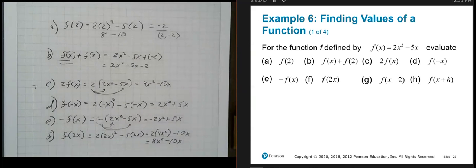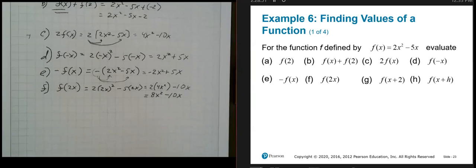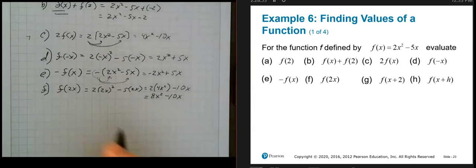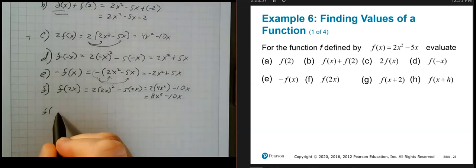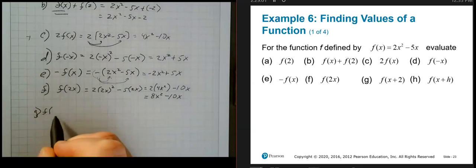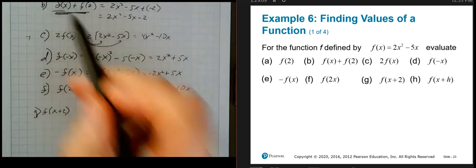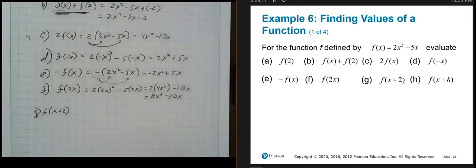All right. G and H, you have to be very careful here, especially when you have an exponent of 2. Okay. So here I have, what letter is this? G? f of x plus 2. This f of x plus 2 is different than f of x plus f of 2.